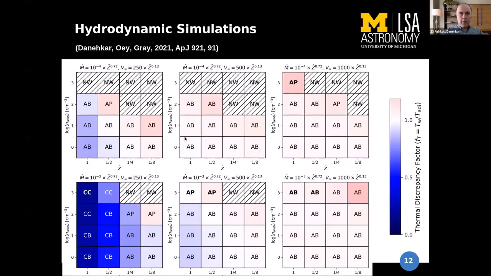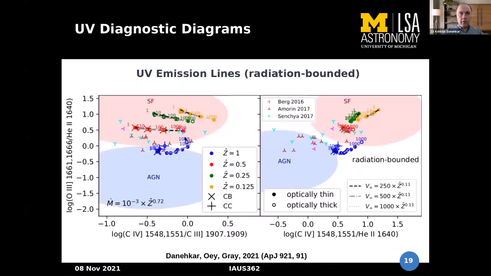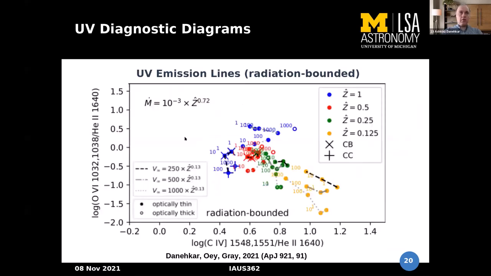Here we didn't calculate emissivity for X-ray, but we did for UV. So in oxygen 6, we see what is produced at that temperature.